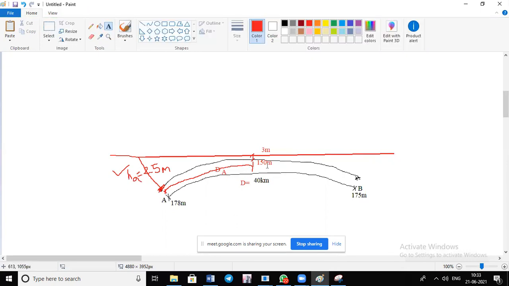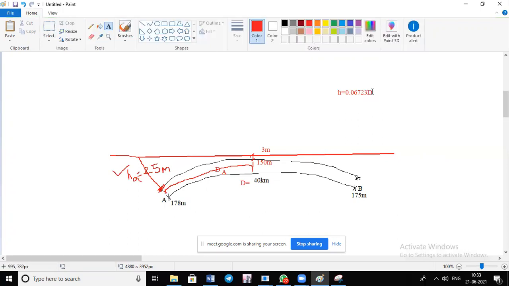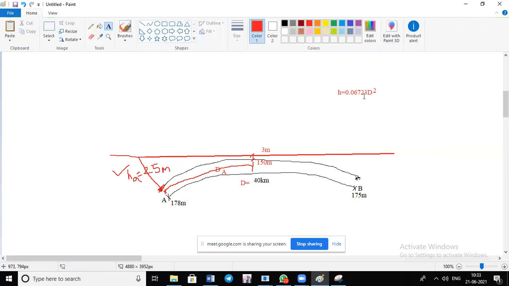The regular formula we use, for combined correction, is H equal to 0.06723 D square. We are going to use the same formula, only we take the inverse of it.